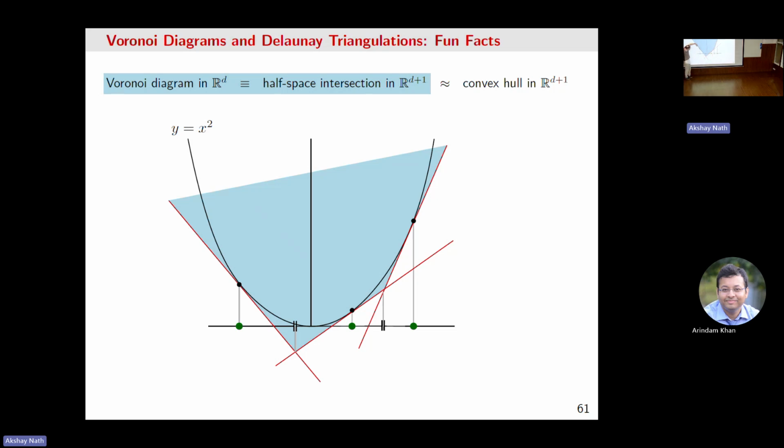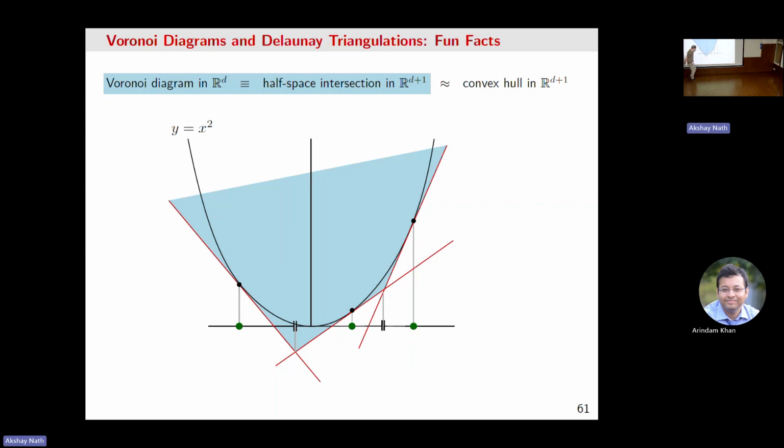Now for each of these tangents, I take the half plane above that line. I take their intersection. That's this blue region. This is a polygon, well, I'm bounded on one side with here a vertex and here a vertex. I project these vertices back onto the line. And I get exactly my Voronoi diagram.